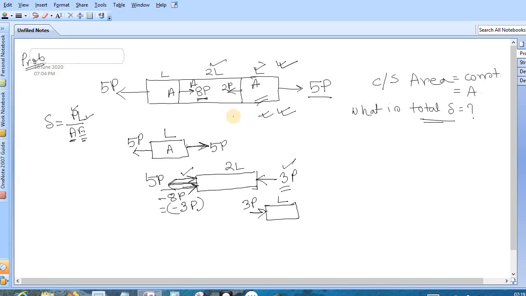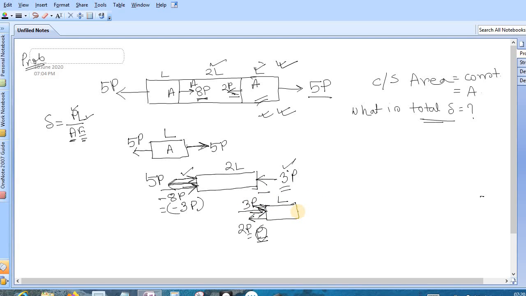Now come to your 2P. So here 2P is acting outward, and the overall resultant is P, and this is acting inward.